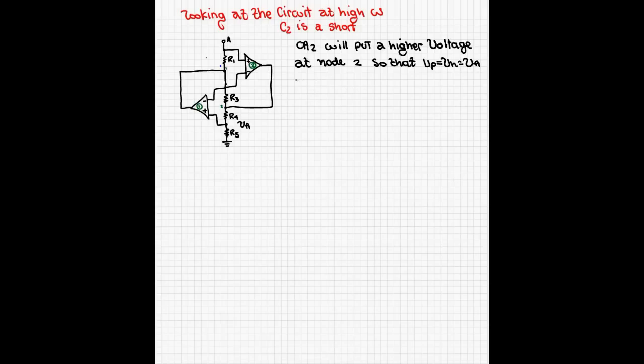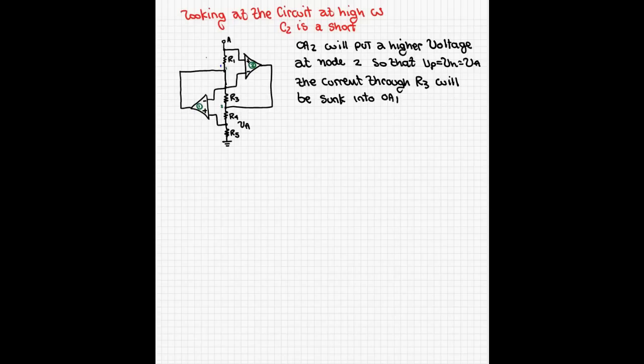Now the current through R3 will be sunk into op-amp 1 through this low impedance pad.